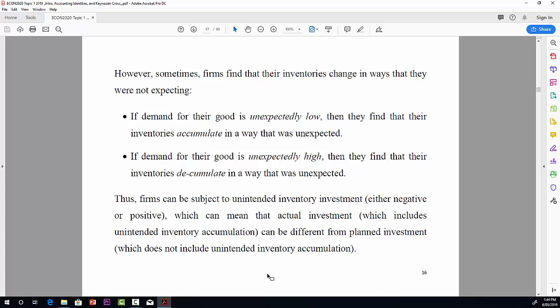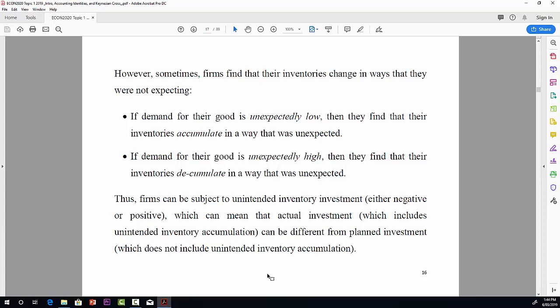So if you look at the warehouse, you'll find that suddenly we're running out of carpets in a way that wasn't expected. So firms can be subject to what's known as unintended inventory investment. This can be either negative or positive. If it's positive, they find their inventories are accumulating in a way they weren't expecting. And if it's negative, then their inventories are decumulating.